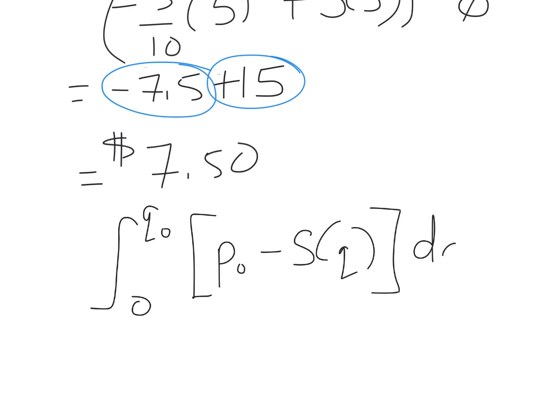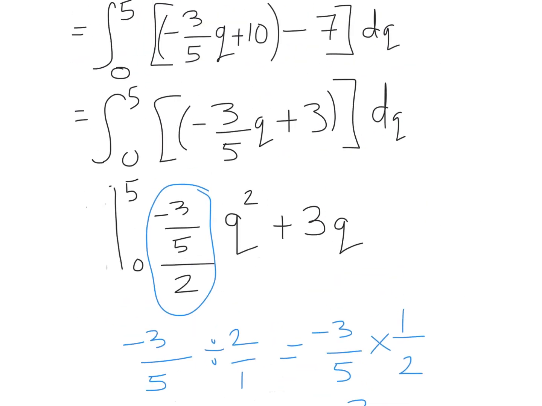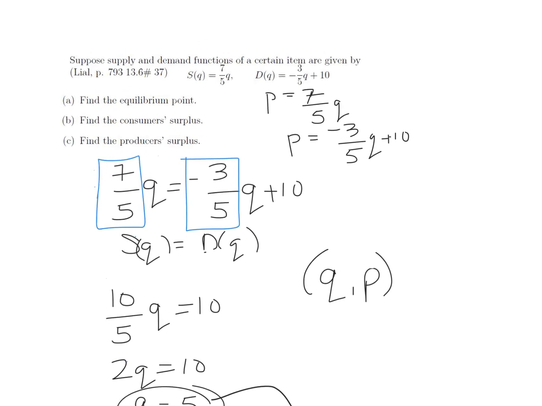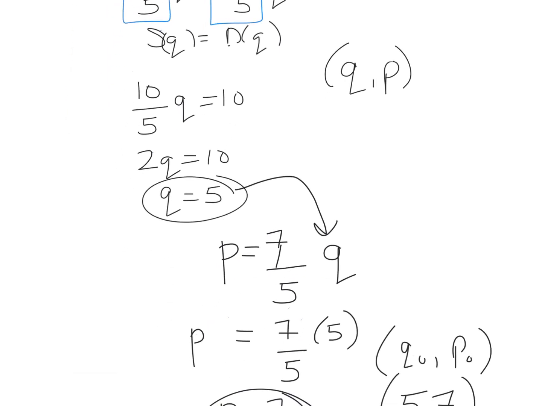Again, because producers supply stuff. So, did we write down the supply function? Just so we have it. It is, wait for it, way up here, 7/5 Q. Okay, so we're going to go back down here.